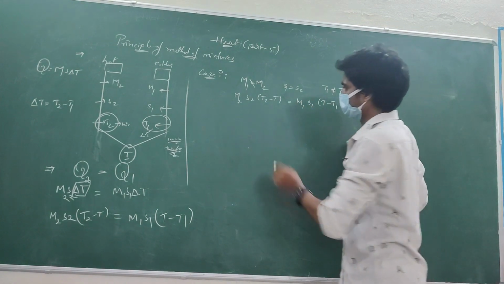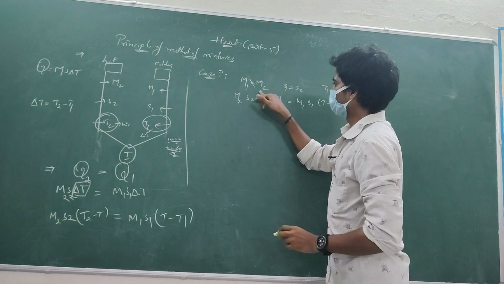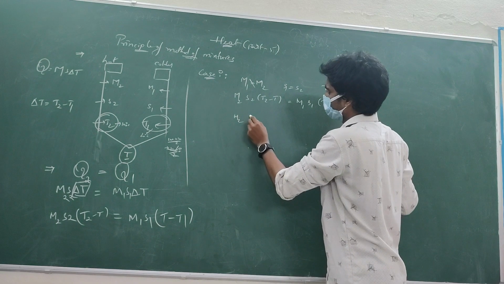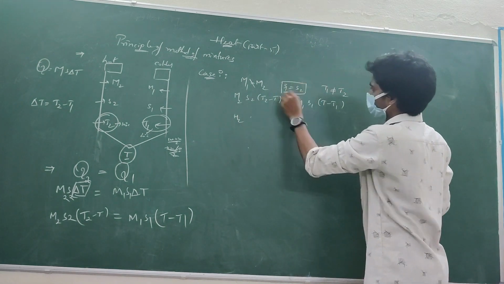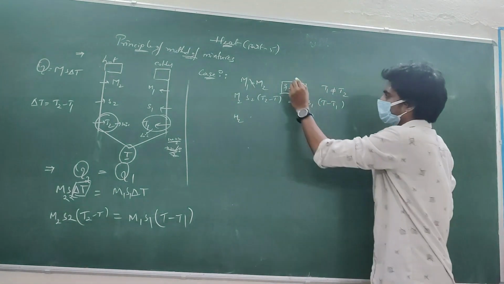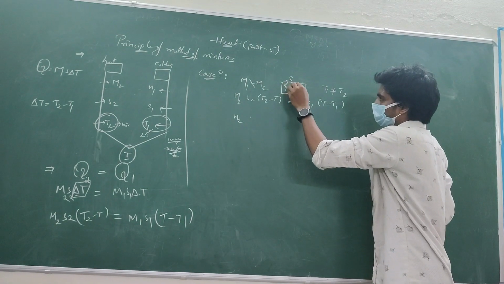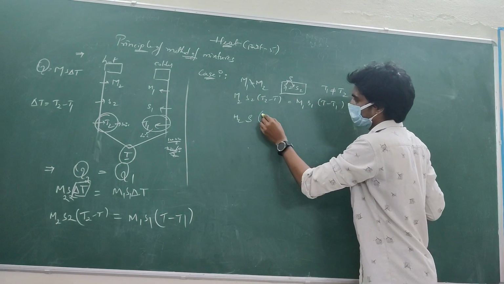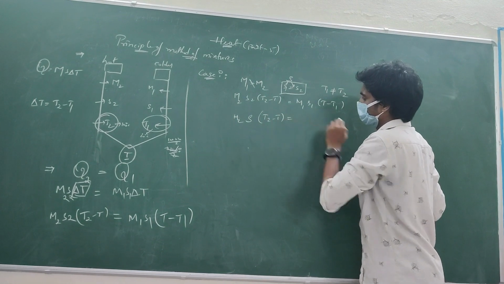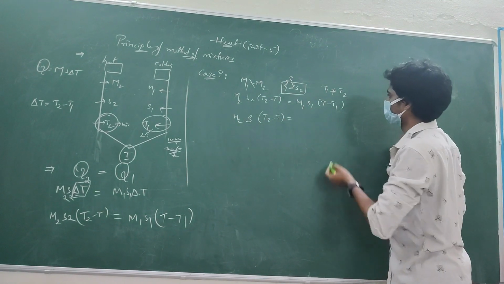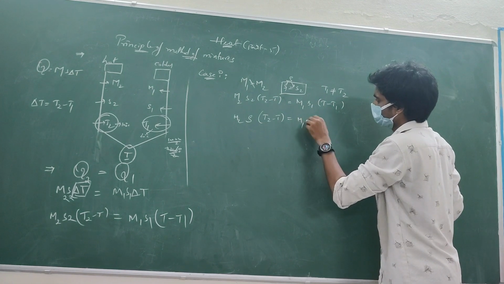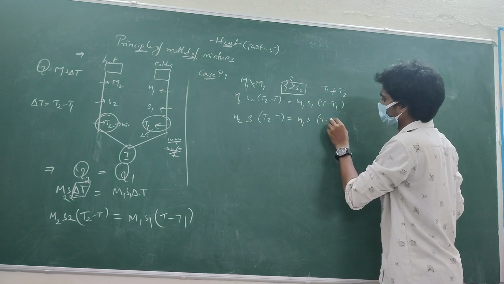If you observe these cases, M2 S2, there is no change. But in this case, in place of S1 and S2, I am going to put S for both the cases, right? So in place of S2, I am going to put S, T2 minus T is equals M1 S T minus T1.